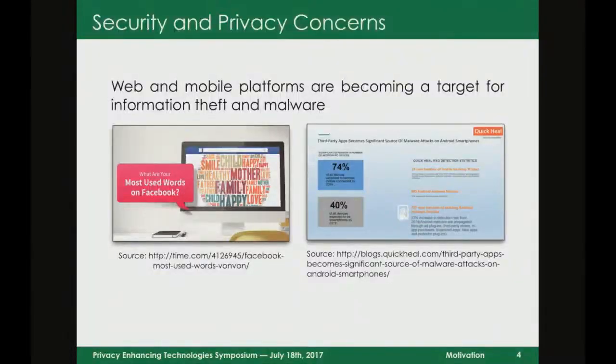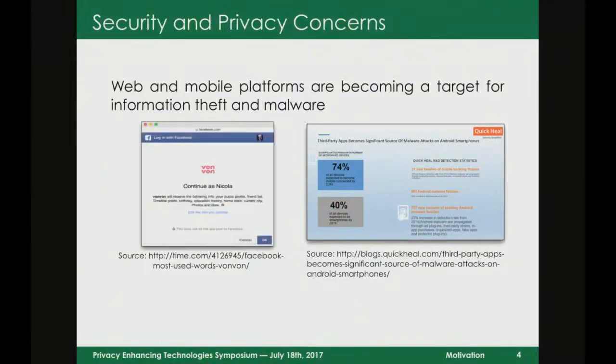For example, the Most Used Words app on Facebook creates a word cloud of the most used words by a user using their timeline posts. But if you look at its authorization dialog, it requests access to your current location, your photos, and your education history, which it doesn't really require. And this application was shown to be selling user information to third parties.